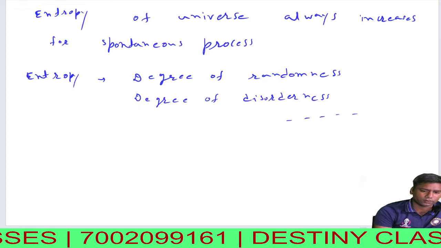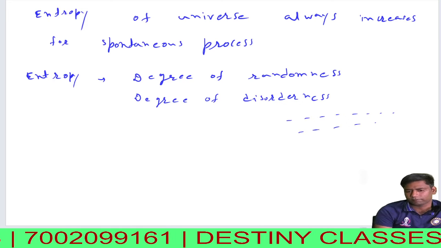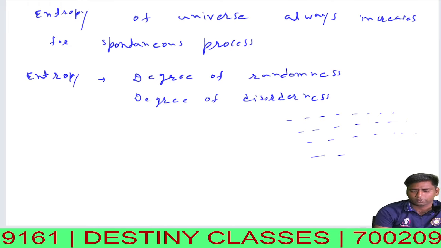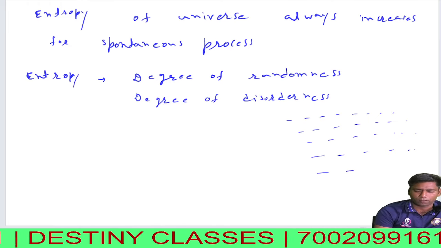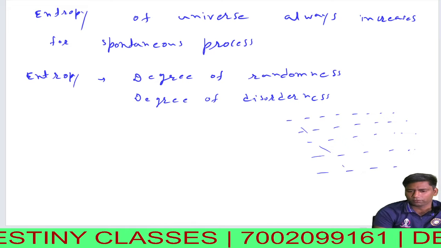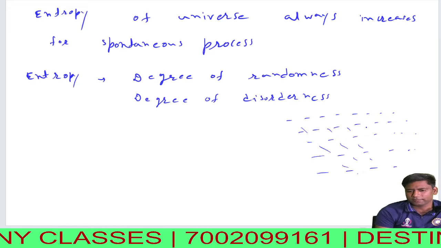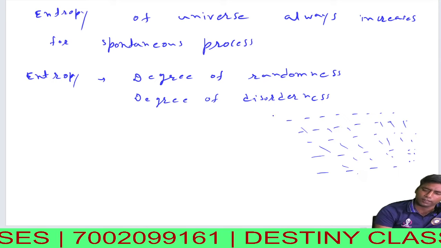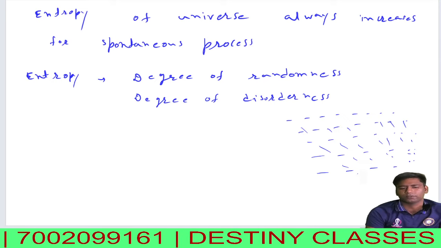Suppose this is a pattern like the universe at the initial state. After the evolution, the pattern changes. So the pattern becomes disordered in nature and the entropy tends to increase.